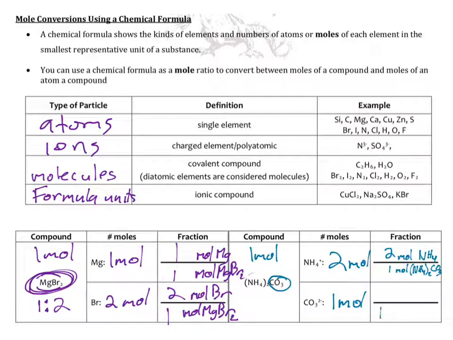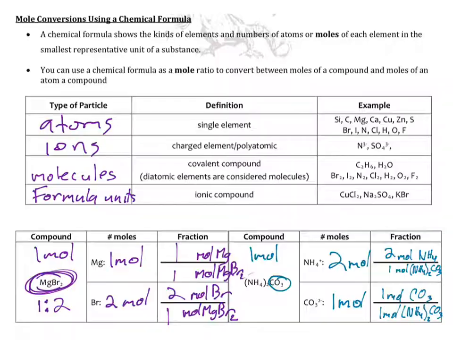Likewise, if we had 1 mole of (NH4)2CO3, then we would have 1 mole of CO3, because again, for every one of these, there's 1 CO3.